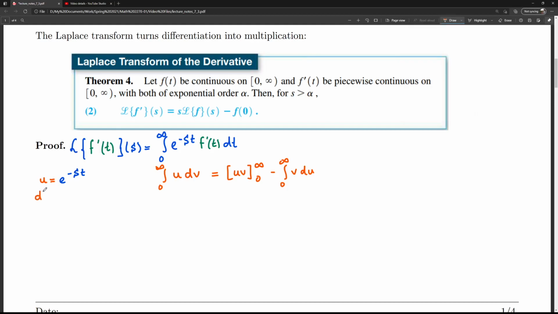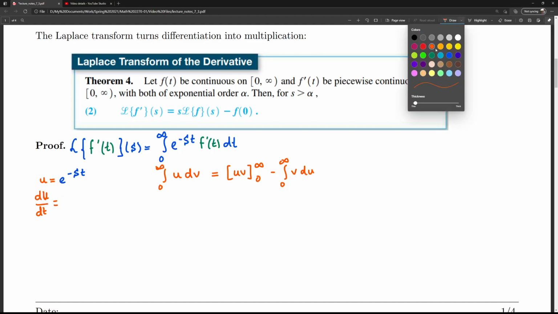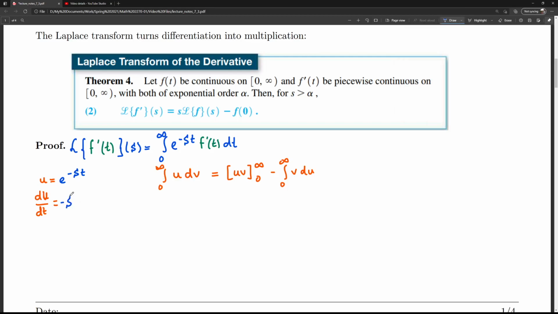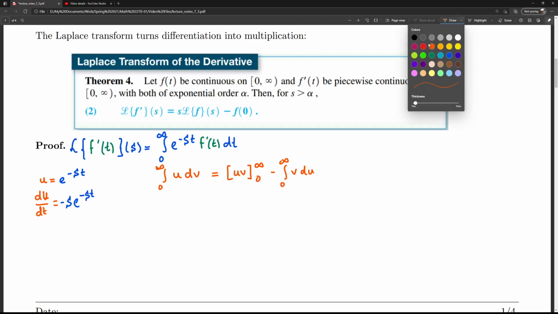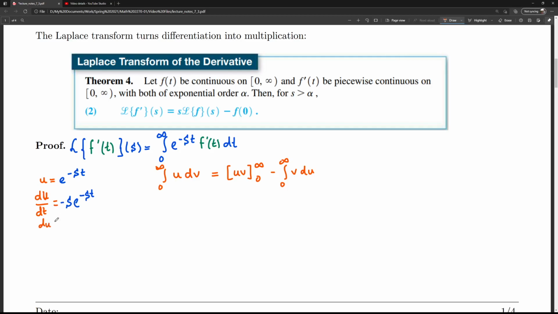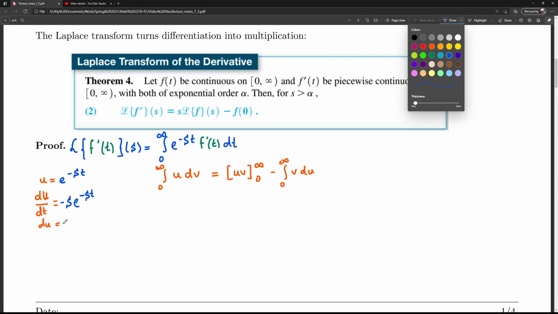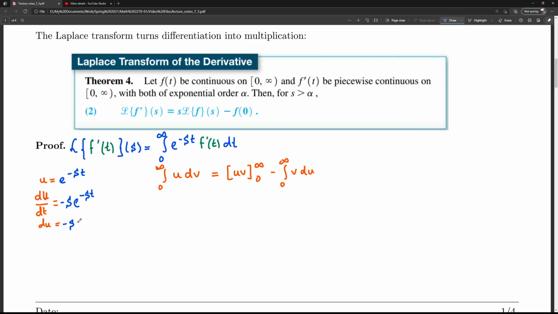If I look at du/dt, I take the derivative of this and I get negative s by the chain rule times e to the power negative st. And so if I solve that for du, I get that du equals negative s e to the power negative st dt.